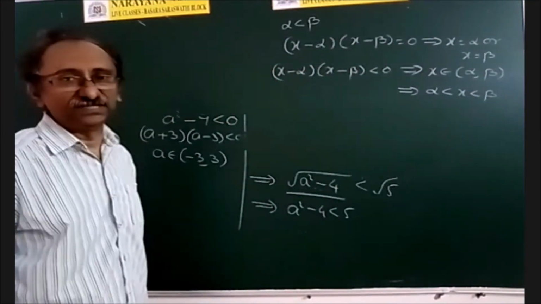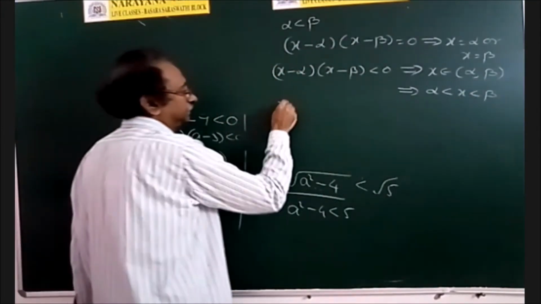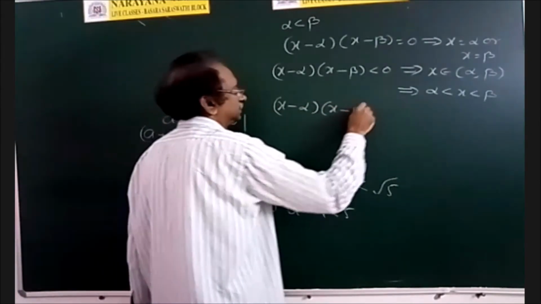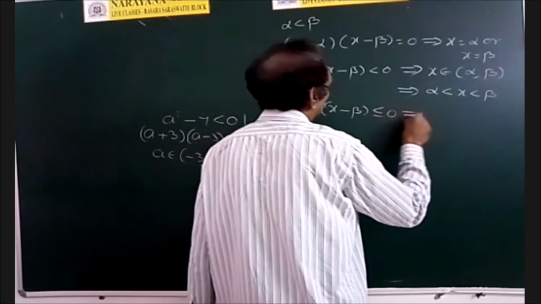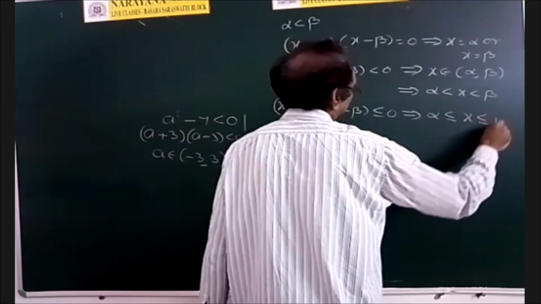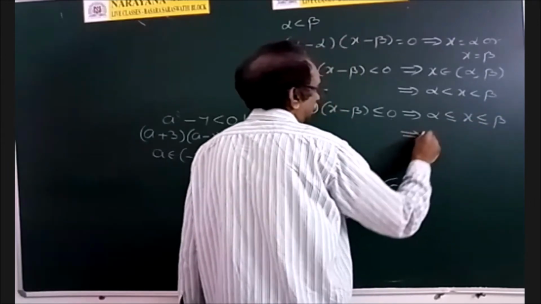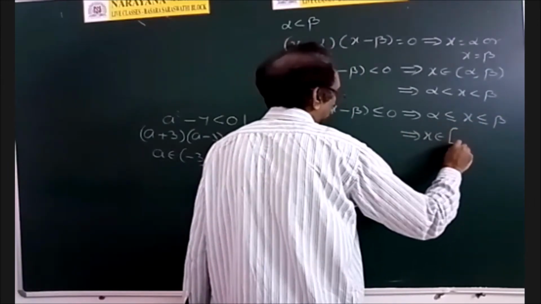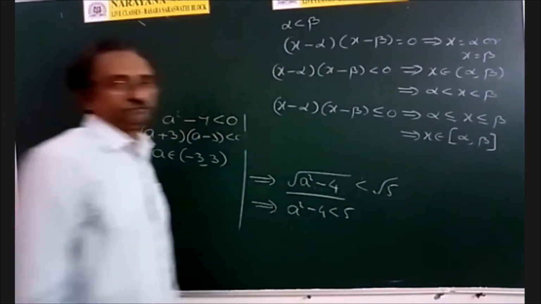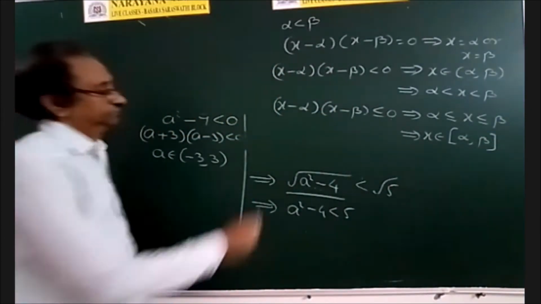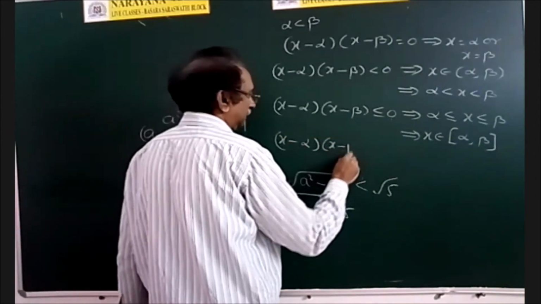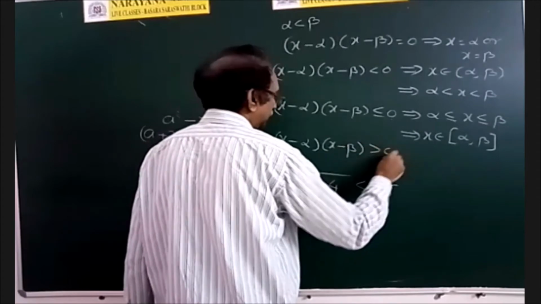So x should lie in between alpha and beta. Similarly, x minus alpha into x minus beta less than or equal to 0. So there is alpha less than or equal to x less than or equal to beta, or x belongs to closed interval alpha comma beta. Similarly, x minus alpha into x minus beta greater than 0.